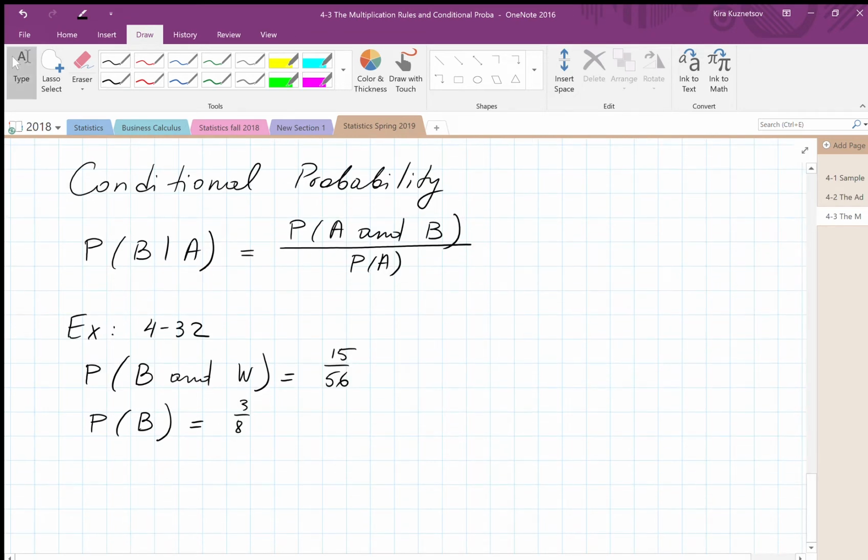So let me write that down in probability notation. I need the probability that the white chip was selected on the second draw, meaning that something has already happened, given that the first chip selected was black.